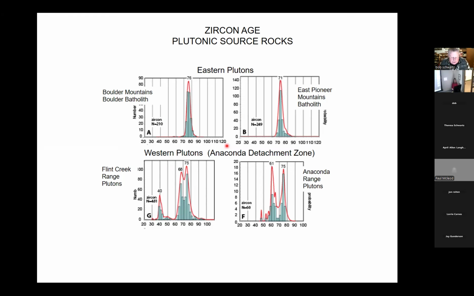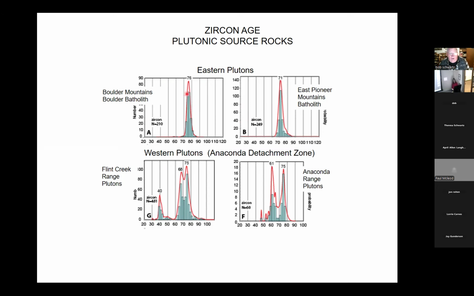Okay, so the eastern region versus the western region. Let's just look at the zircon age makeup of the plutons themselves in the eastern versus the western region. So here's the eastern region. There's a plot for the Boulder batholith and the East Pioneers batholith, and you can see that they look virtually identical.